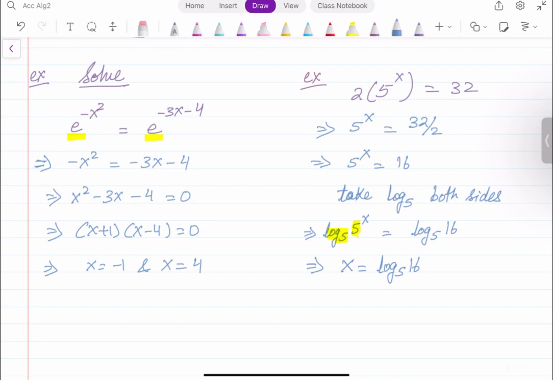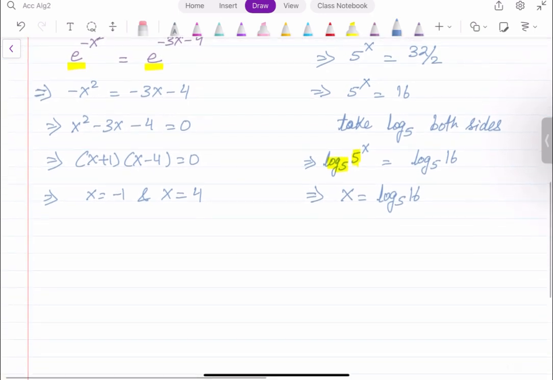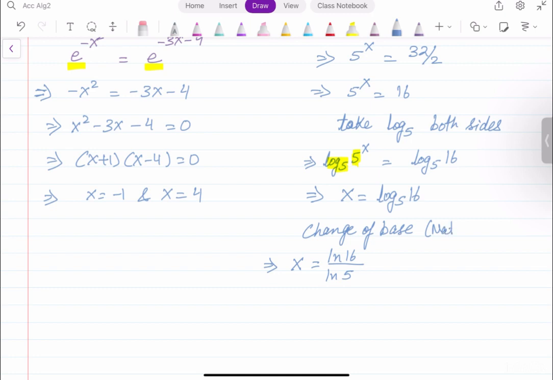Now at this point, you can leave the answer as it is, or you can use the concept of change of base. We have discussed change of base in the previous video. So it will become ln of 16 divided by ln of 5, and then you can just plug it in the calculator and you will get the answer.